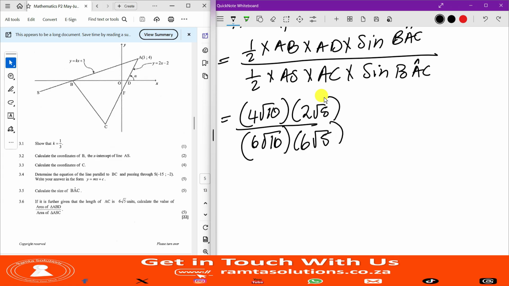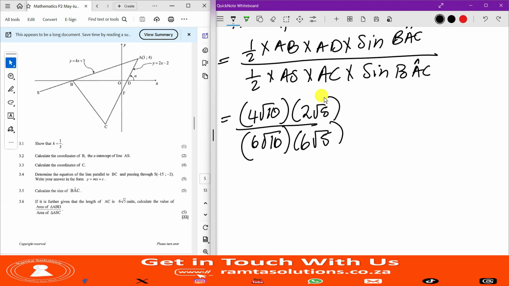So what are we seeing here? Let's now press our calculators. Open brackets, 4 root 10, close it. Open, 2 root 5, close. Over.